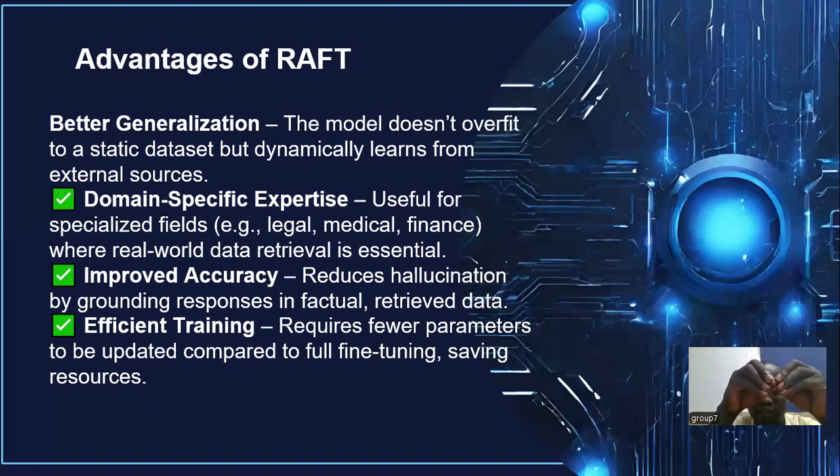RAFT grounds its responses in real retrieved data, reducing errors. Since it has been fine-tuned, it retrieves that information and grounds the responses in real retrieved data, not relying on past data. It is now based on the real retrieved data, which reduces errors. These errors will be minimal compared to the old data that was memorized.